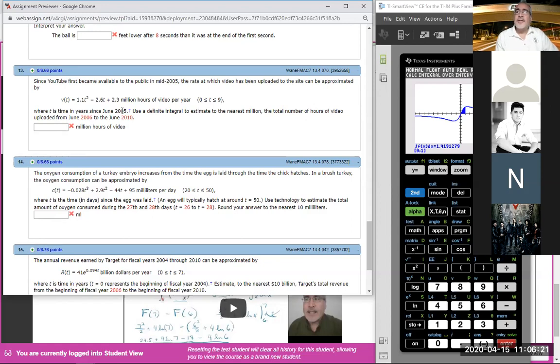Since 2005 is year 0, 2006 is year 1, 2010 would be year 5. So the one that's showing right now would be from 1 to 5. Then this one we just graph it like we did over here, and then do from 1 to 5, and that'll get you your answer.